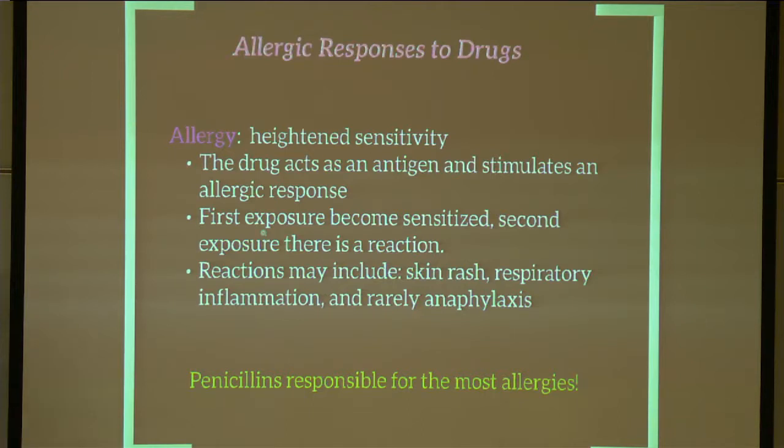Like we talked about before, first exposure is when your body becomes sensitized and starts building these antibodies, like, if I ever see it again, I'm going to mount this gigantic attack against it. So second exposure is where you see that gigantic attack.